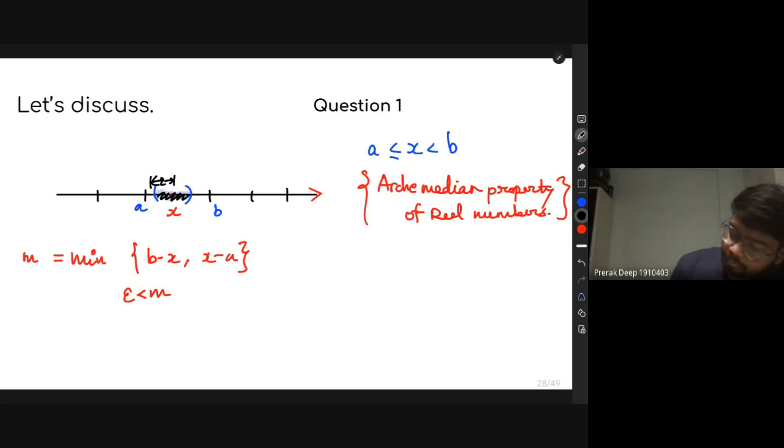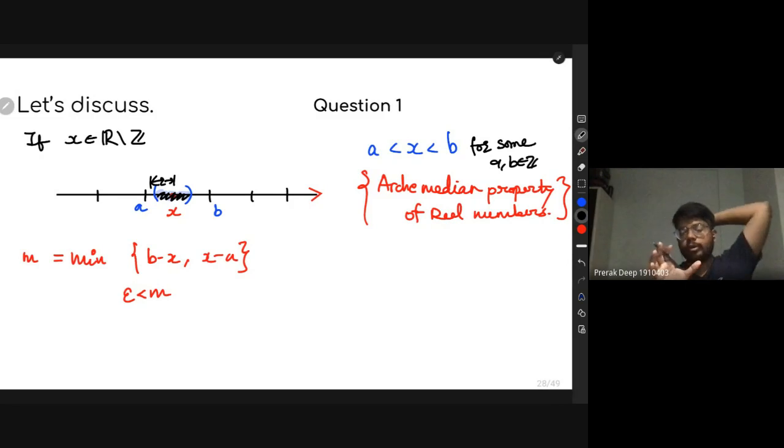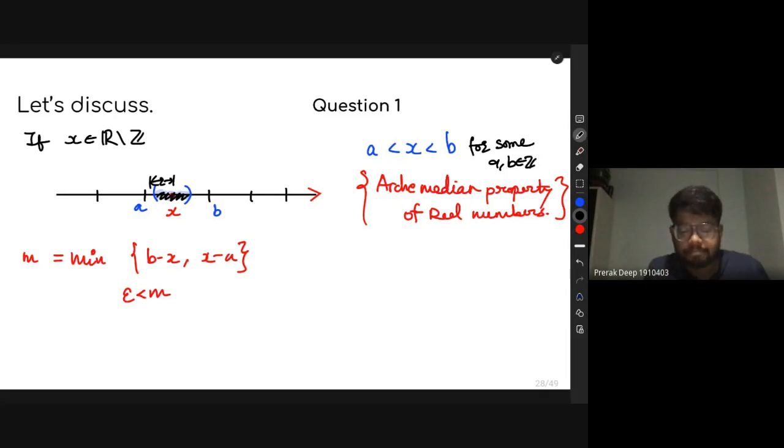So if x is a real number and not an integer, then I can always find two integers where it is bounded above and bounded below by the Archimedean property, and I can always find a small neighborhood of x so that it doesn't contain any of the integers.